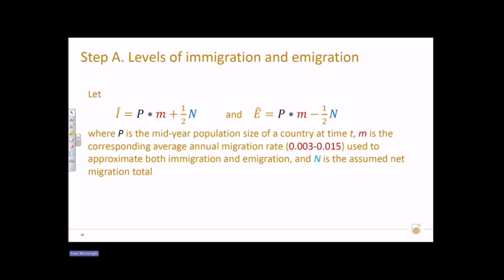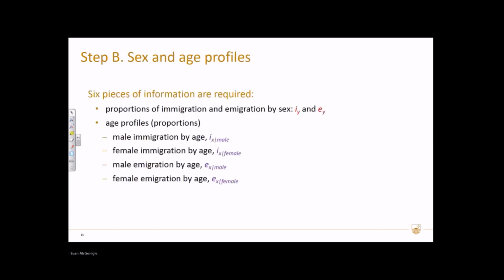Okay, because I'm not really interested in predicting the I's and the E's, I just need something that's going to allow me to do a good job in estimating the net by age and sex. So that was kind of a trick that, as you'll see, worked well. And the other thing, of course, is that I'm assuming the total net migration is true, which in all likelihood, especially with the UN data, is not.